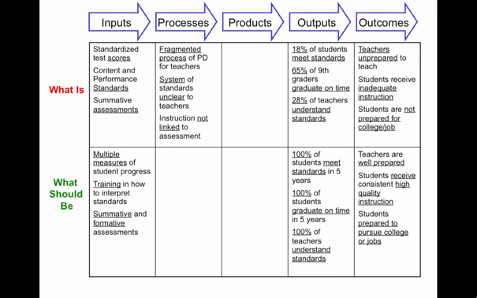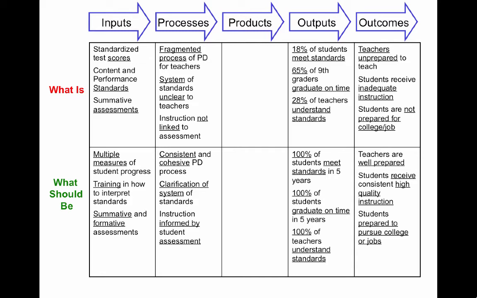Currently, there's a fragmented process of professional development for teachers. The system of standards is unclear to teachers, and instruction is not currently linked to assessment. What should be? There should be a consistent and cohesive professional development process. There should be a clarification system of standards, and instruction should be informed by student assessment.